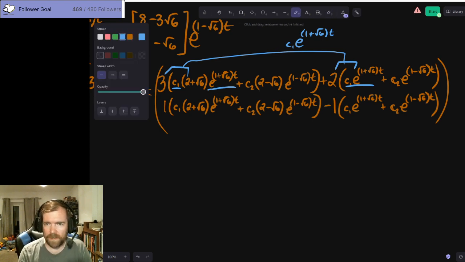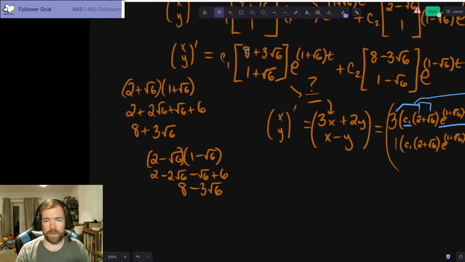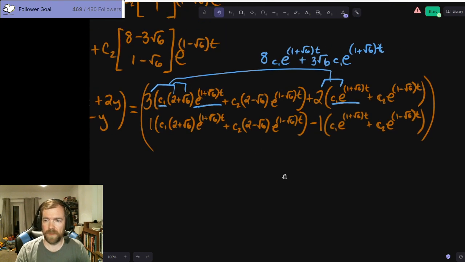Told you it was that time of night. And then also we have another 3 root 6 of them, c1 e to the (1 plus root 6)t. Well, I think that is mission accomplished, because up here we have (8 plus 3 root 6) c1 e to the (1 plus root 6)t. Right? All the pieces in there.